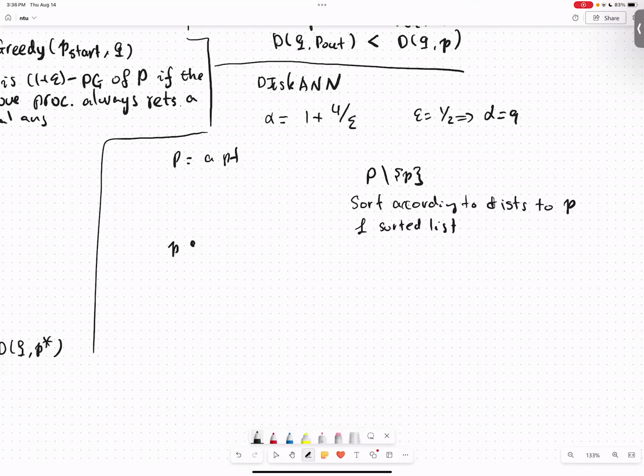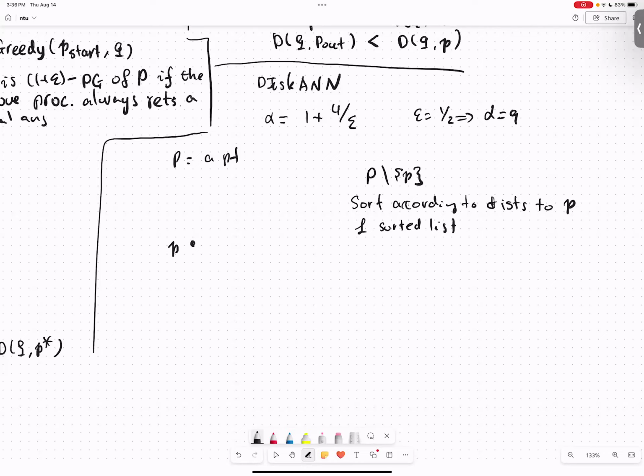Now what I'm going to do is look at every point in the sorted list in turn. This is the sorted list, as you can see, I call it L. So I will look at every point in L in turn.